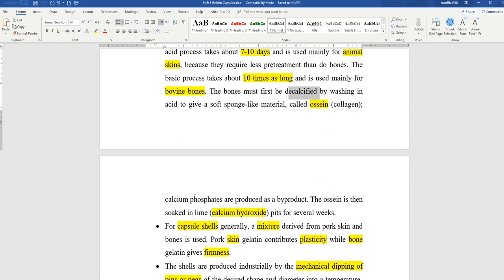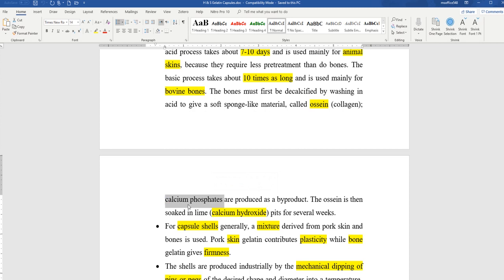So, what do you do now as a byproduct? Okay, byproduct means a side product. Okay, it's not the one that you are aiming at to get gelatin. Byproduct from the decalcification that you did, removing the calcium, is producing calcium phosphate.